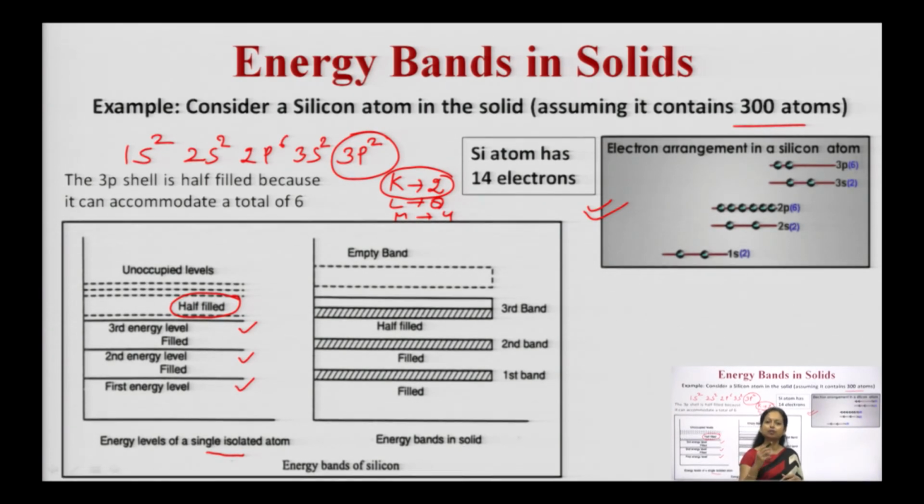So all the 300 electrons' energies for the K shell are combined and can be drawn as a first band. Similarly, by combining the L shell, a second band can be drawn. Here all the 300 electrons' energies for the first band are drawn in this band kind of pattern. Accordingly, the third band and so on. So this is how you can explain the energy bands in a solid.